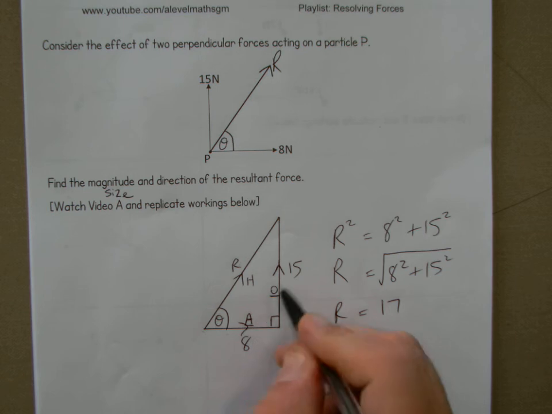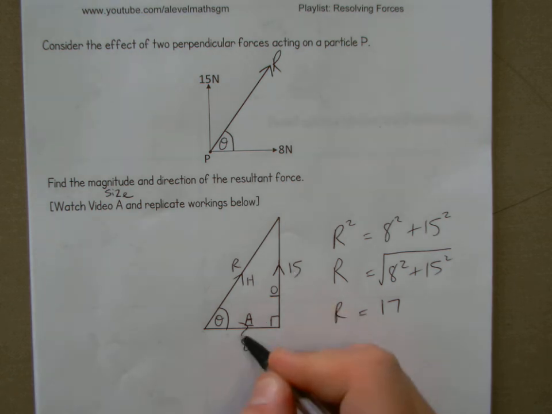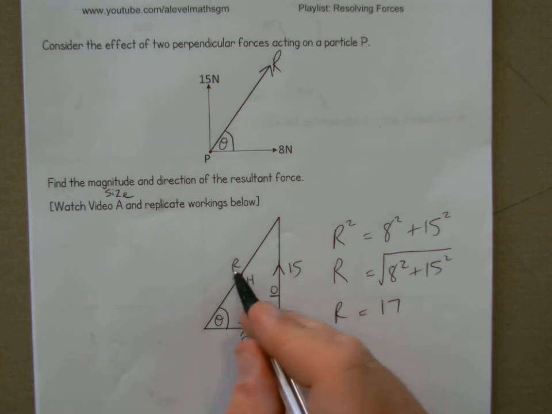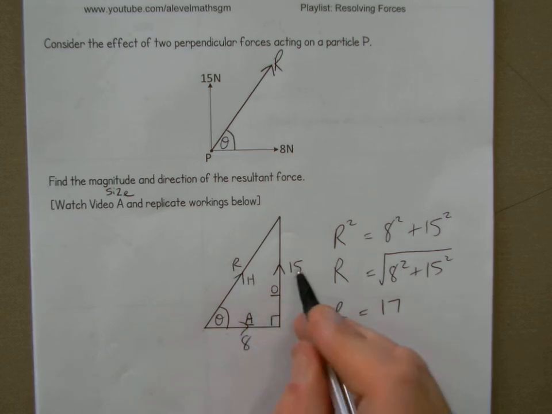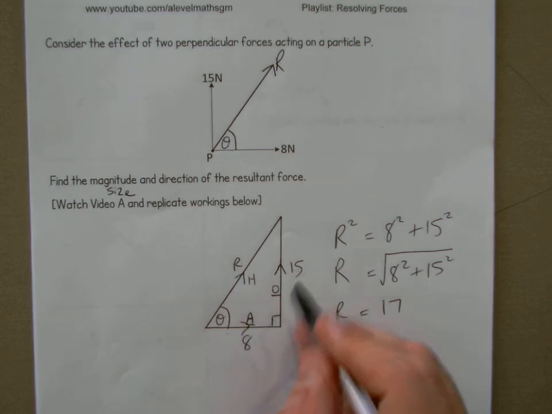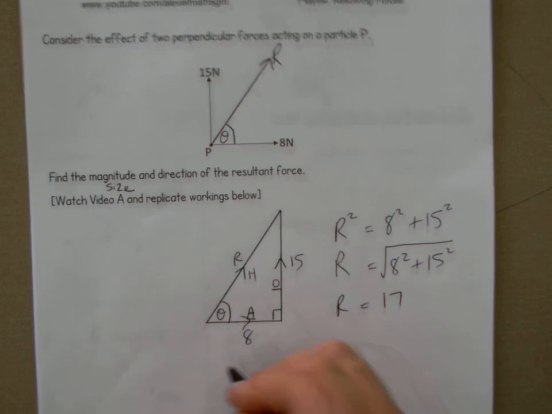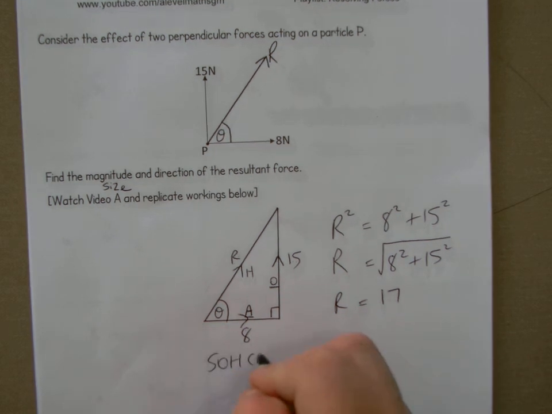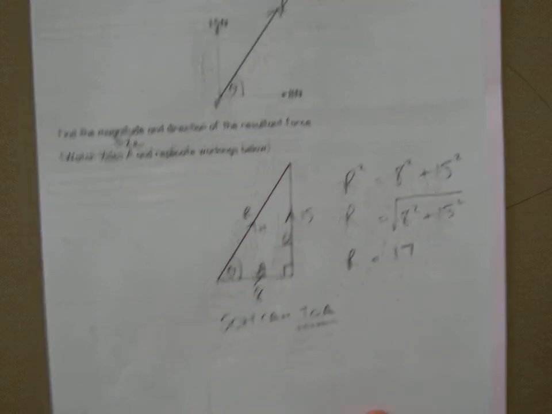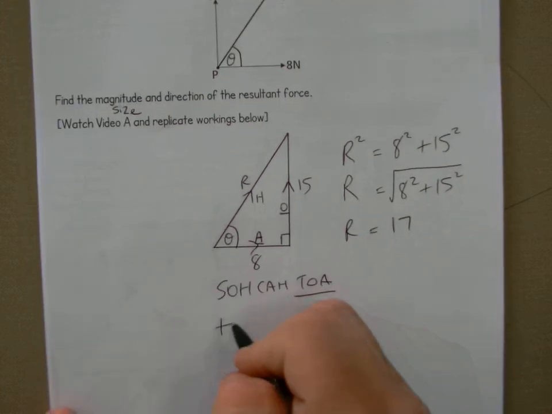O and A, because I know O, I know A, I know H as well, I know that's 17 now, but to be honest, I'll just use these two here, because these are the two that are given to me. So O and A, with SOHCAHTOA, you know where O and A appear, it's always there with a tan, so we usually use tan when it comes to working out the angle.